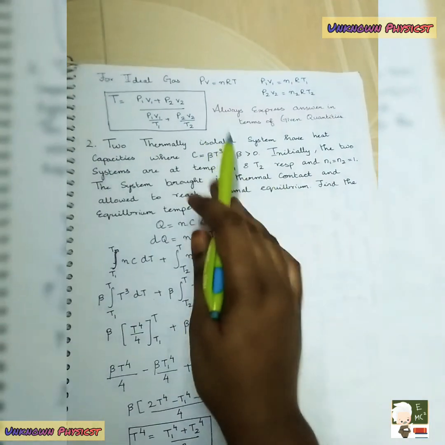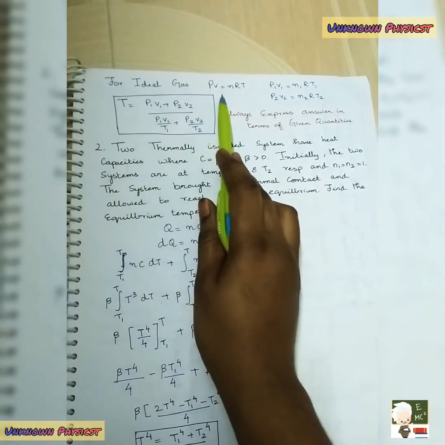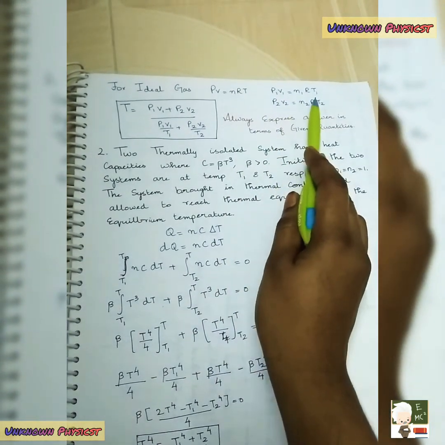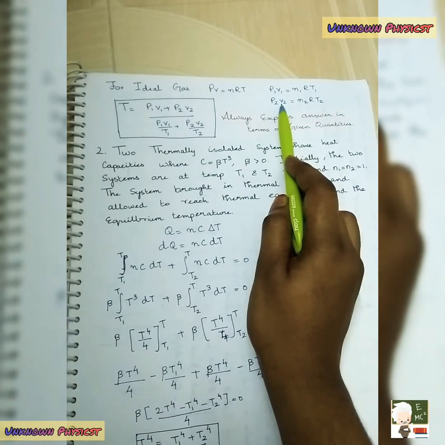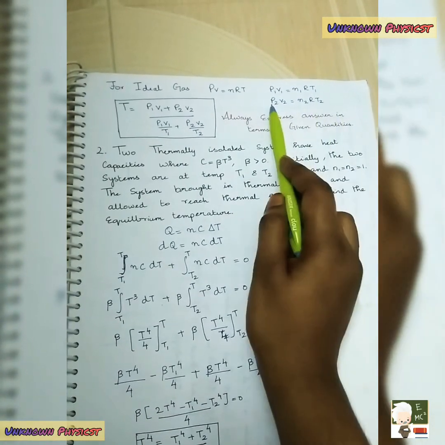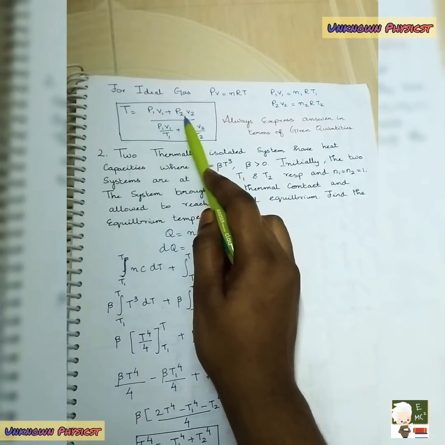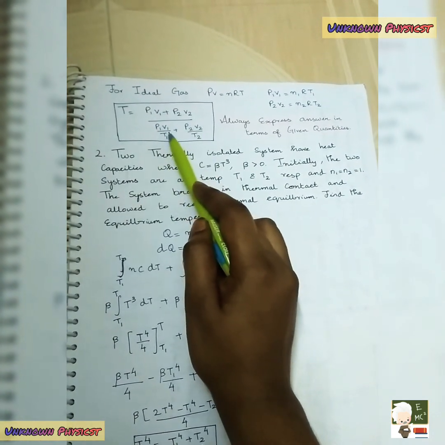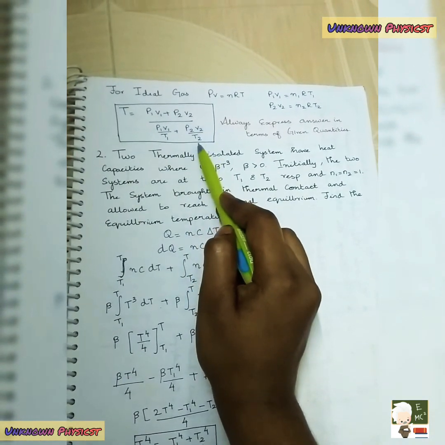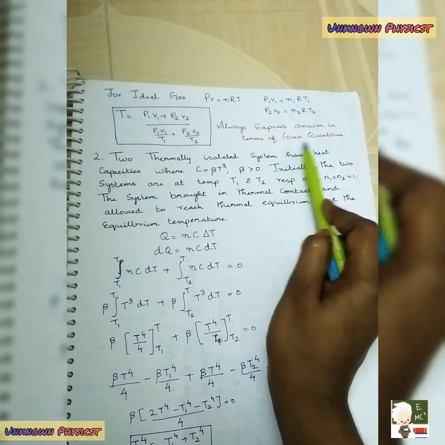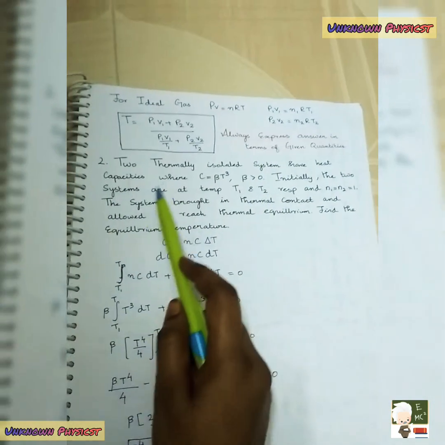We know for an ideal gas PV is equal to nRT. So P1 V1 is equal to N1 R T1, and P2 V2 is equal to N2 R T2. So T will be equal to (P1 V1 plus P2 V2) by (P1 V1 by T1 plus P2 V2 by T2). By rearranging and substituting we will get this. Always express the answer in terms of the given variables in the question.